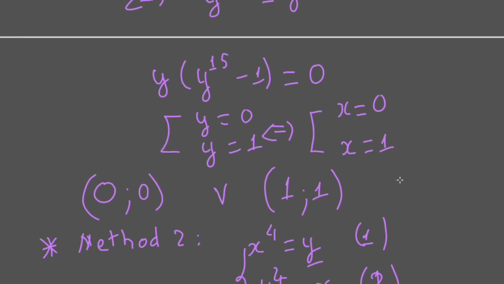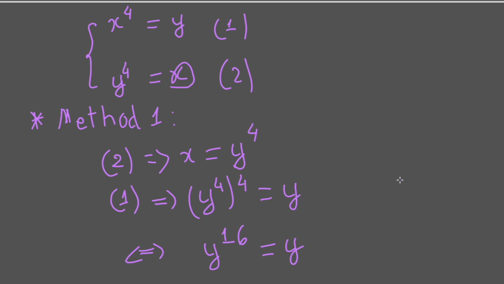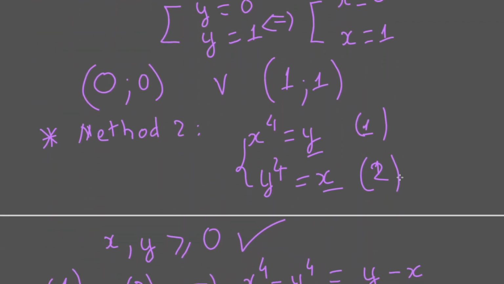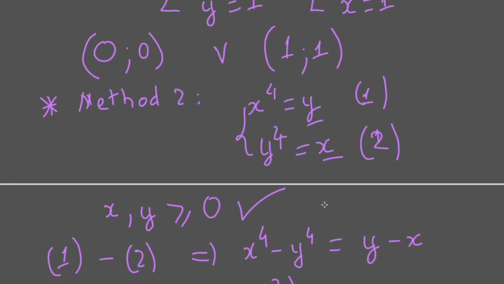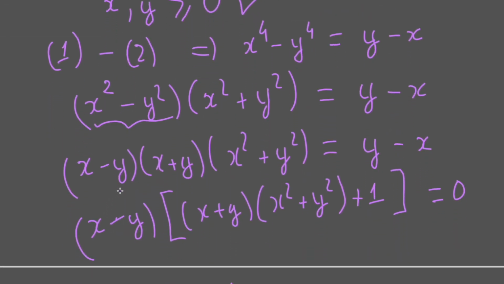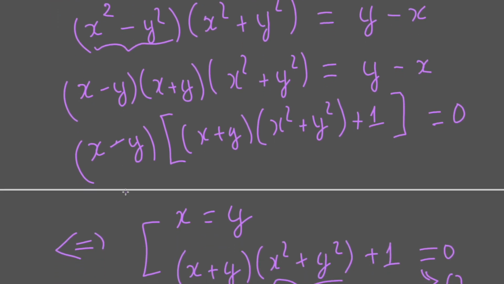But in another case, we cannot isolate x and replace it from equation 2 into the first equation. So we have to apply the second method by subtracting or adding the equations and grouping by the same factor. Then we have a product of factors, and we check each factor equal to 0 one by one. That's the second method.